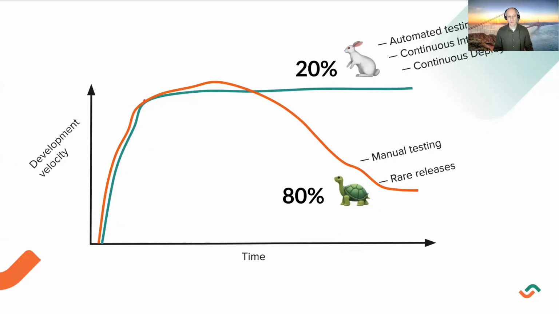In the beginning, you can maintain the pace because things are not very complicated, and you can get maybe as far as people who are practicing automated testing. But over time, that velocity just keeps decreasing because you're testing manually. You have rare releases.